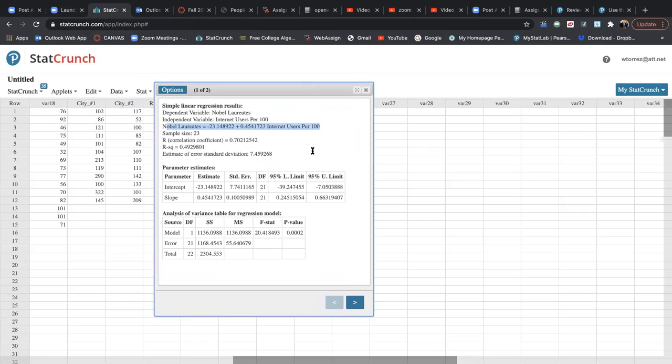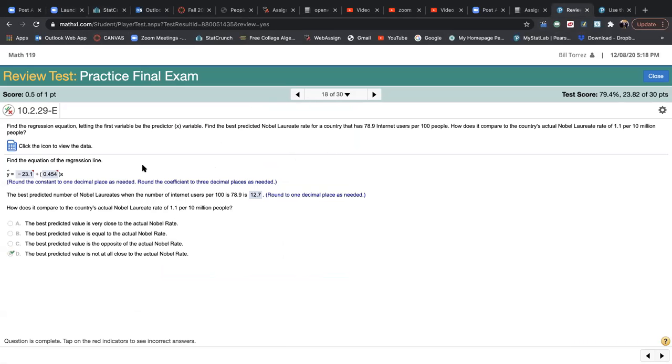And now let's see how that stacks up. Here we get negative 23.1. We round the intercept to 1 decimal place and then round the slope to 3 decimal places, and we get 0.454. Okay.